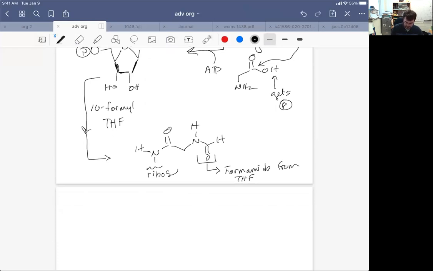Get on with it. Okay, so N10-formyl tetrahydrofolate is this structure.